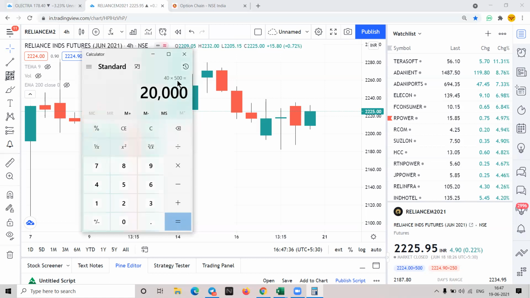You'll only be left with 10,000 of your capital, and you cannot hold it because these contracts have an expiry. The last Thursday of every month is the expiry in stocks. So you have to close your positions or carry them forward to the next contract.